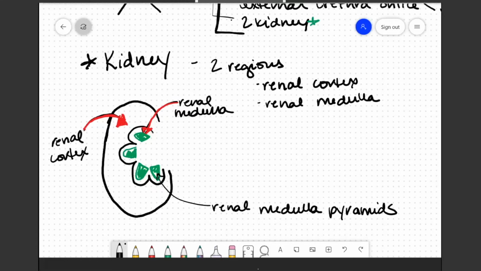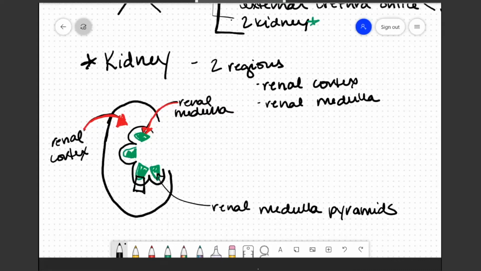Then inside these renal medulla pyramids, we're going to take a cross section and look at what happens between the medulla and the cortex. We're not quite there yet, but we will be getting there.